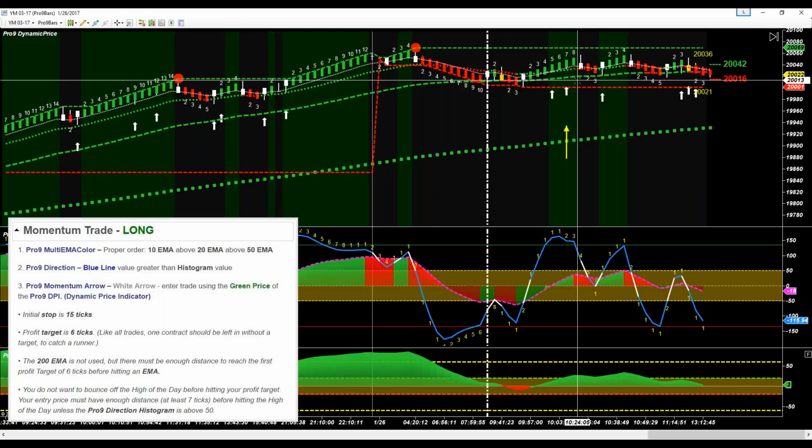The runner is there in case the market continues to move, so we have an opportunity to take part of that. Now that does not mean that every trade we enter will catch a runner, but we're never going to if we don't have that contract in there.